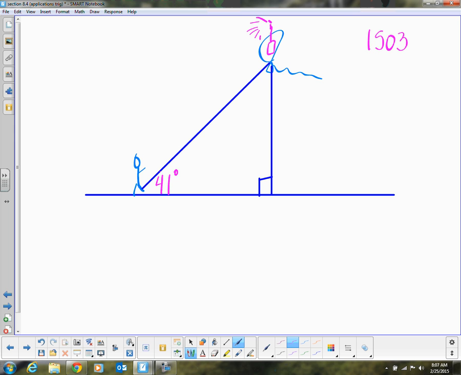The balloon. So it's 1,503 meters from his location. What is his? The guy. So it's 1503, the horizontal and the vertical of that height. Why? Because it's from the balloon, the radio, to the man.